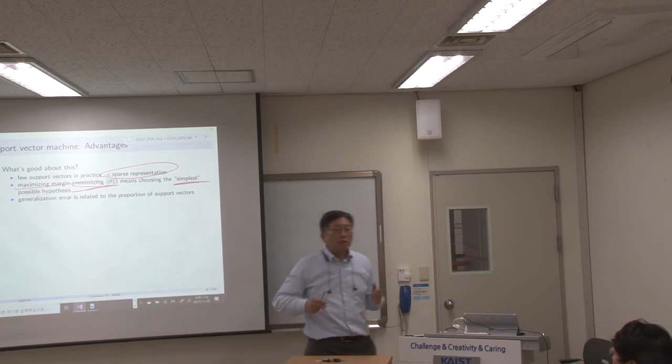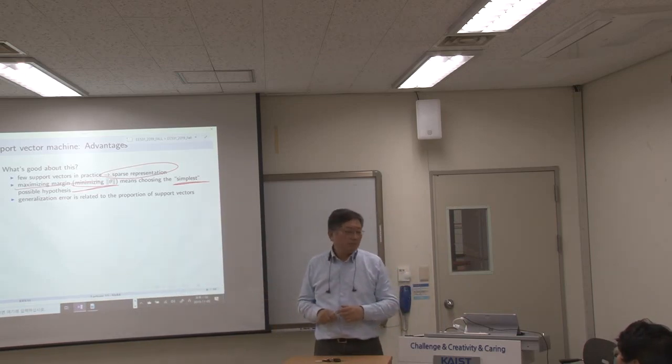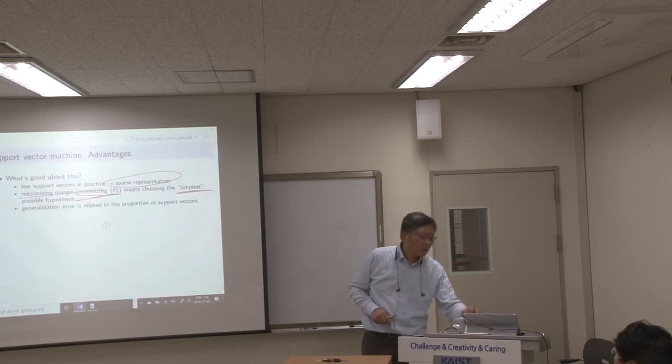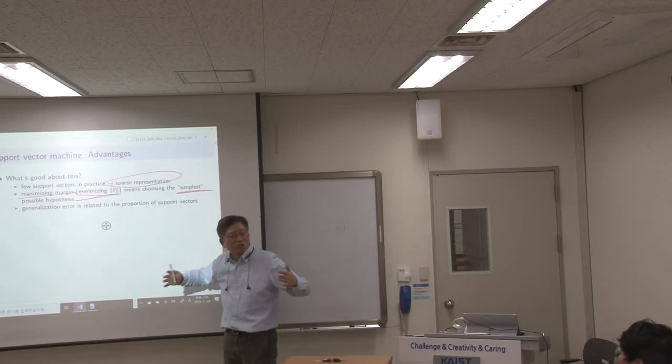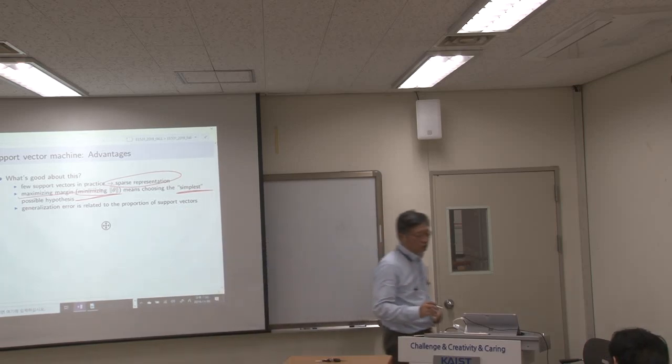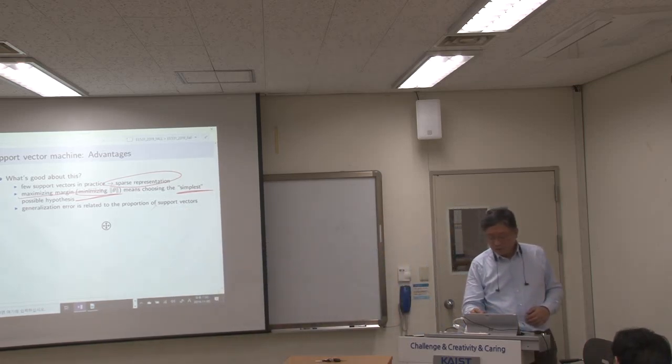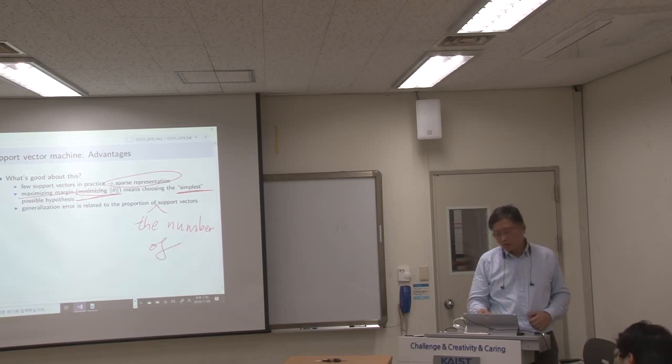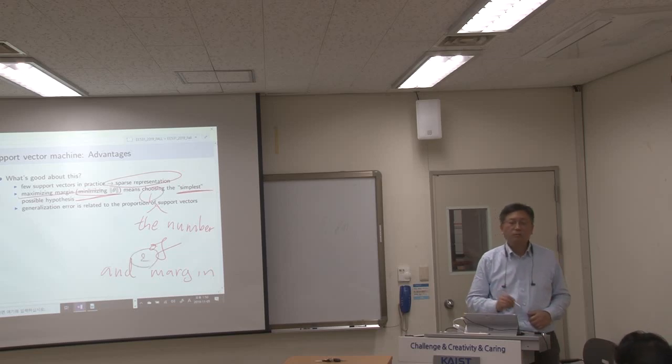Whenever you have a big margin, we call this simple. And the generalization error related to this is proportional to the number of support vectors and also the margin. Two things.